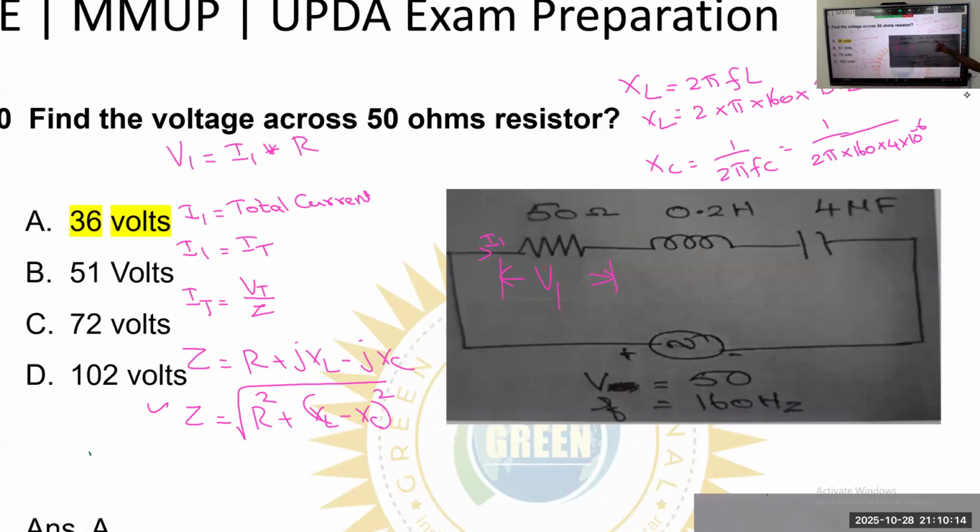So we find the XC, we find the XL, we put these values here, and we are able to find Z. Then we put this value here, we find the current. Then we put it here, we get the total current. We substitute here, we get the voltage.